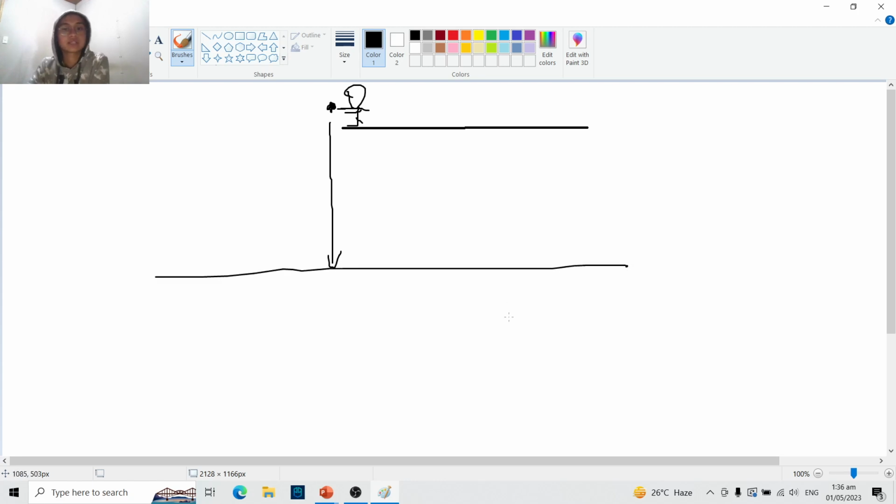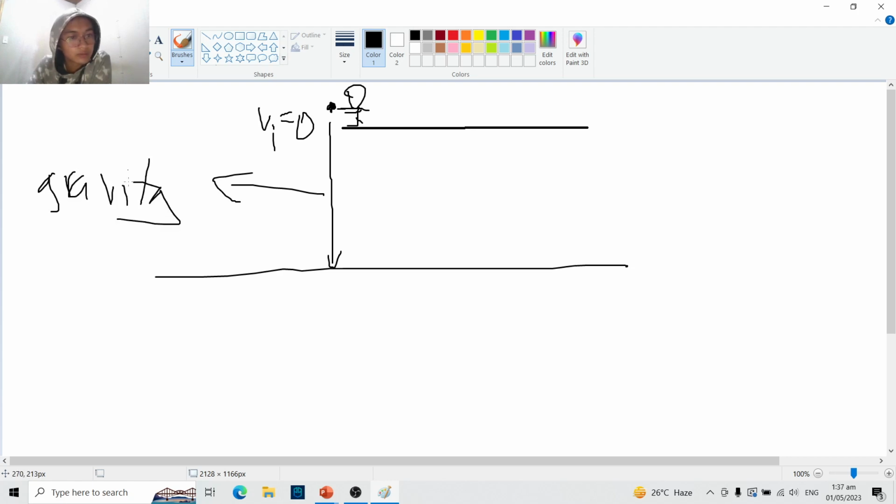Until mo reach siya sa ground. Dito ra din siya mo stop. So since wala man kay force nga gi-apply diri, ang imong initial velocity is 0. And ang imong acceleration is due to gravity. So mura man kay mo gravity, di ba? Grabe kaayo. Gravity, grabe kaayo.